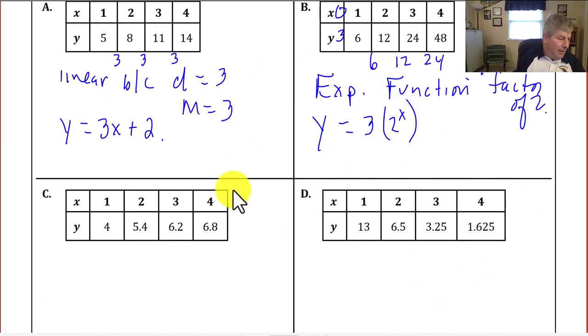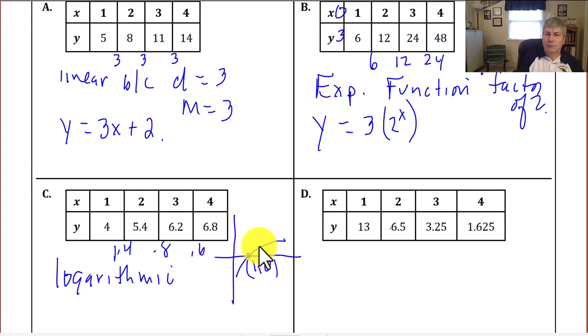In example C, we're increasing by 1.4, then we're increasing by 0.8, then we're increasing by 0.6. So we're increasing at a decreasing rate. We've got something that's concave down, and that is logarithmic. And a logarithmic parent function goes through the point (1, 0).